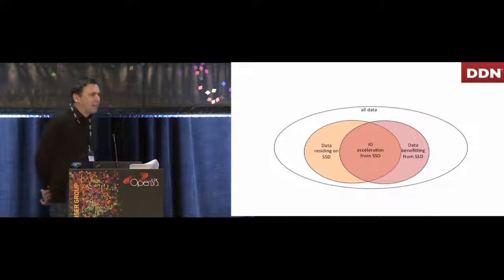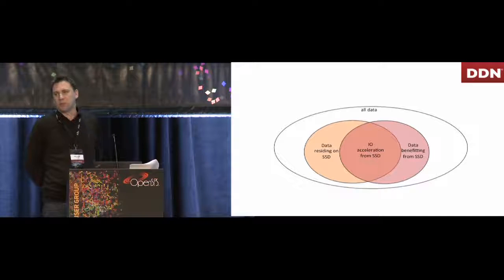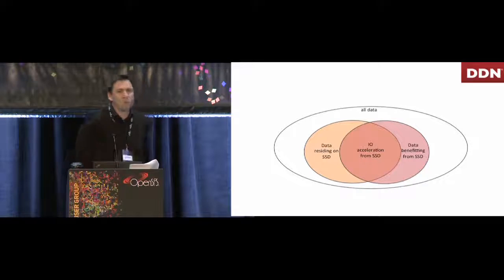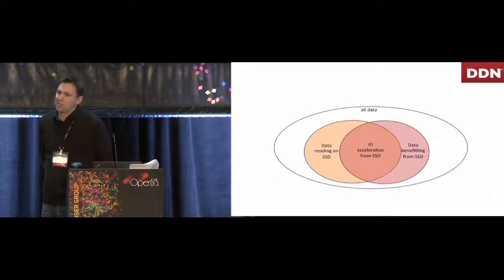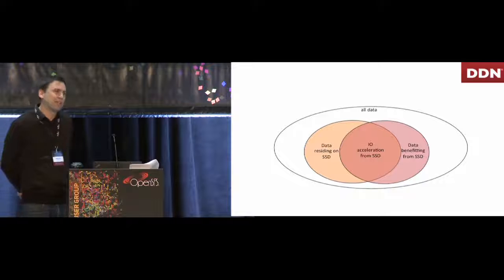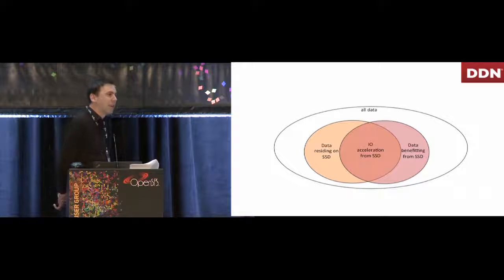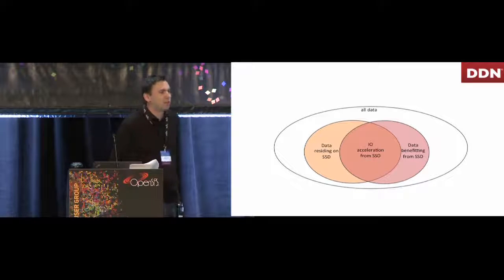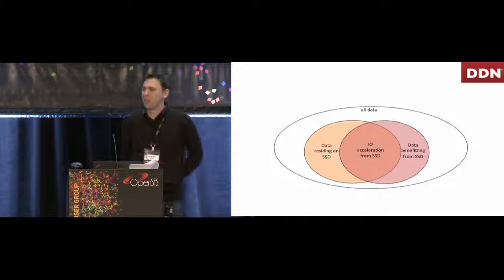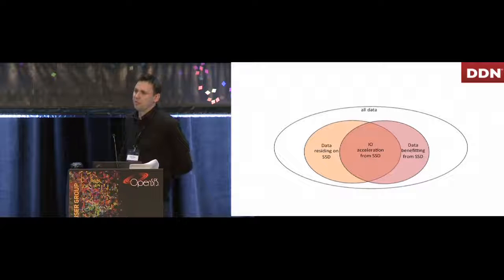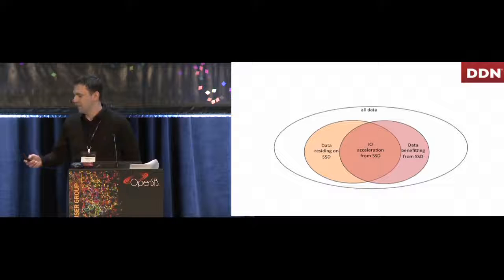Today, it's fairly straightforward, and I'll talk about 2 examples to use SSDs as a read cache. And therefore, we can serve half the IOs, more or less. But we could also use SSDs for a write cache. We can also use SSDs and optimize them better for random IO. We can also optimize them better for shared file IO. And that's what we're trying to do, expand the subset of data which is really benefited by SSDs.